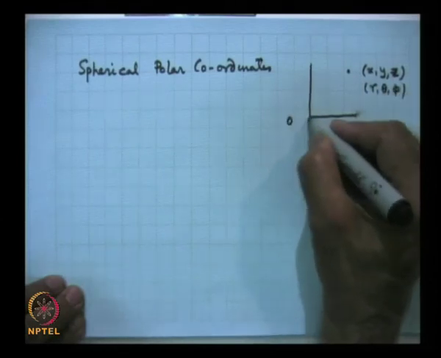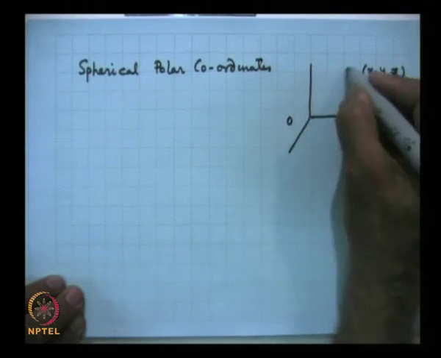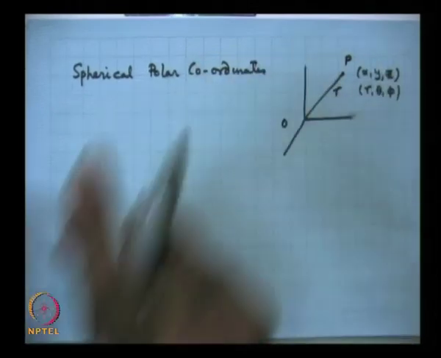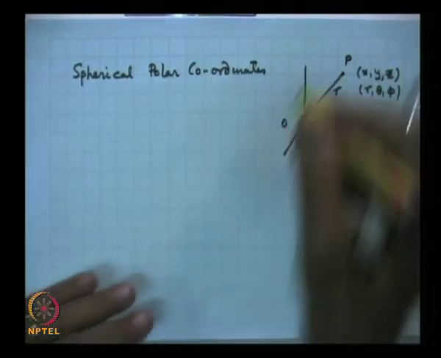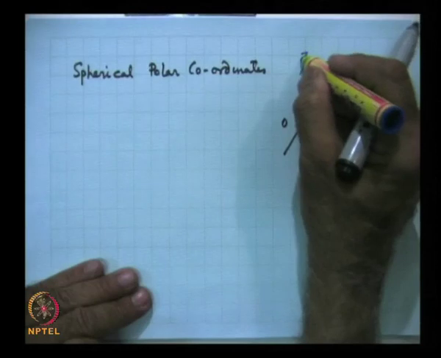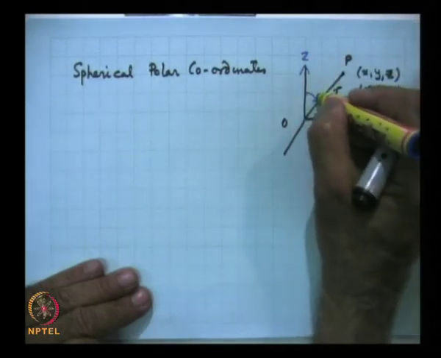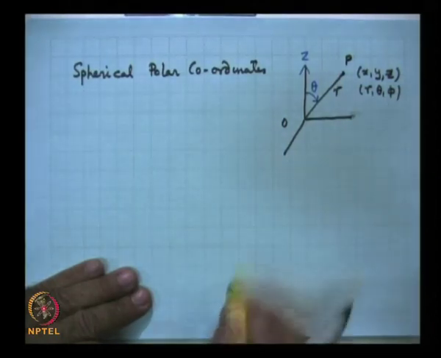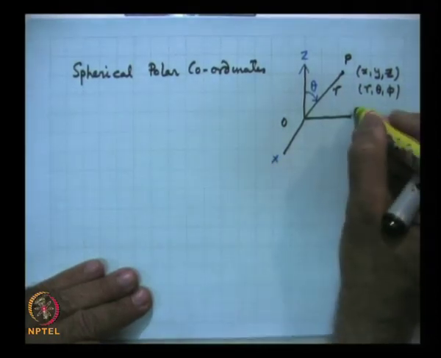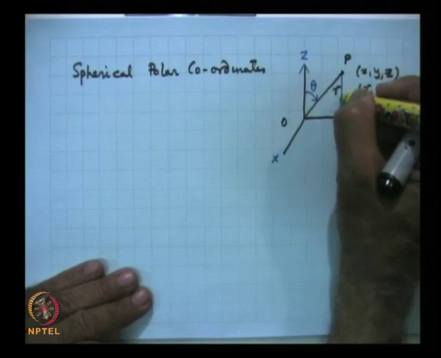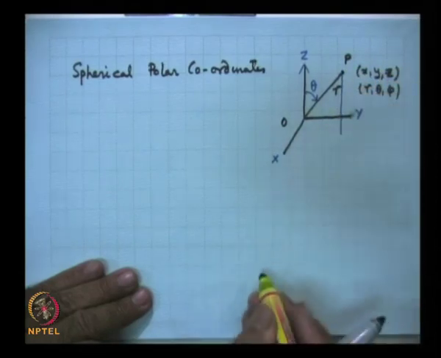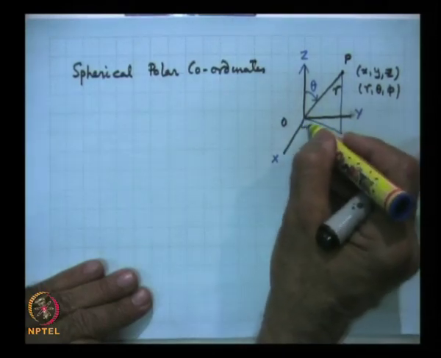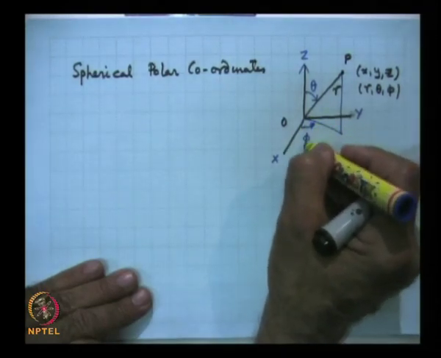If this is the origin and this is the point P, then this distance is r, this is the z axis, and this angle is the polar angle theta. This is my x axis and this is the y axis. I drop a perpendicular on the xy plane, and this angle is denoted by phi.